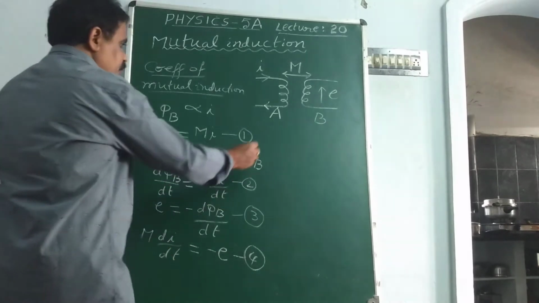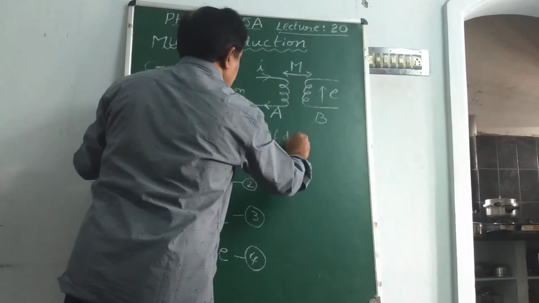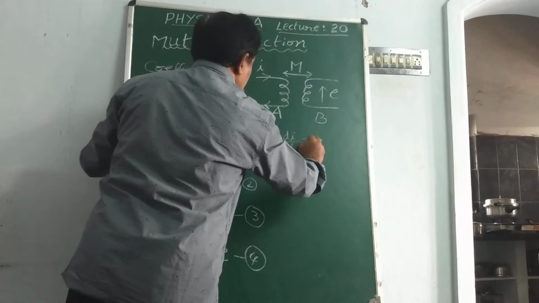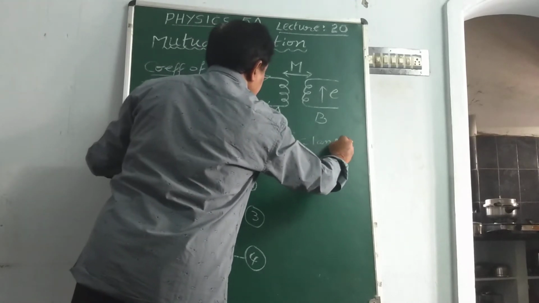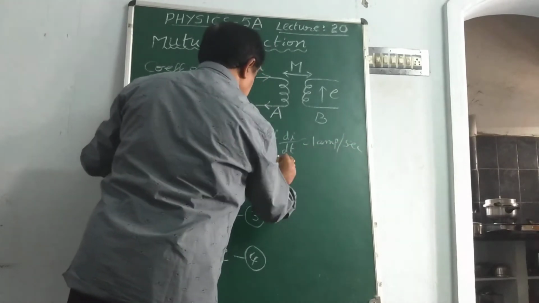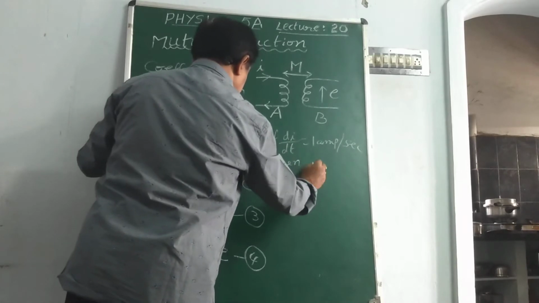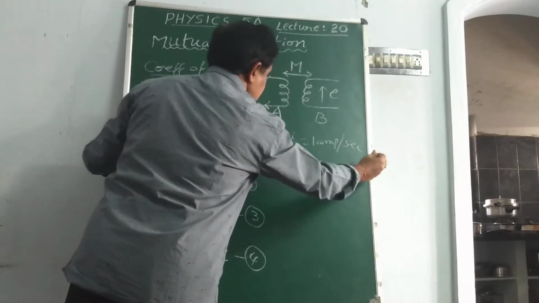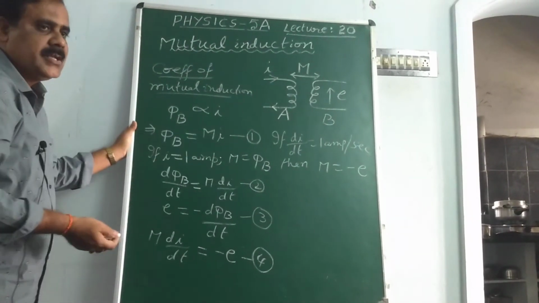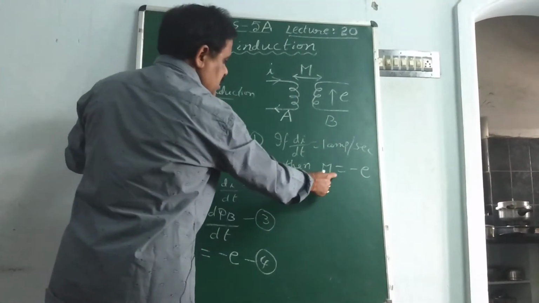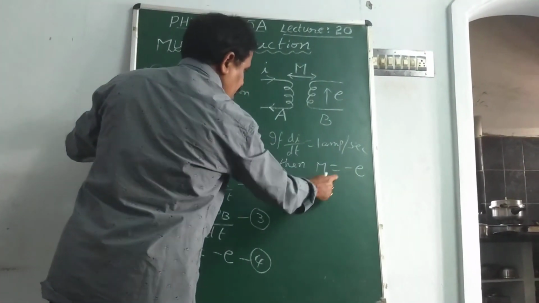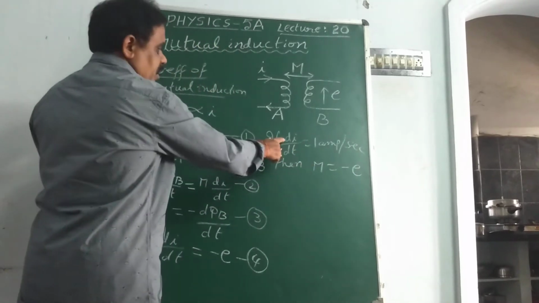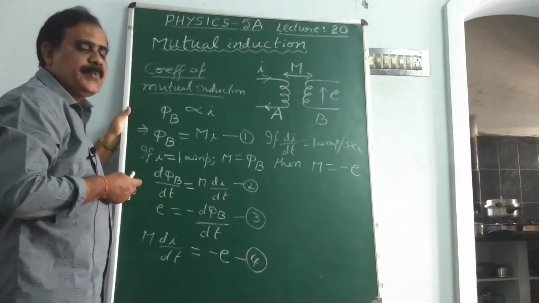You see, if di by dt is equal to 1 ampere per second, then M is nothing but minus E. So we can define it like this. The coefficient of mutual induction is nothing but the back EMF, or the EMF, if the rate of change of current is 1 ampere per second.